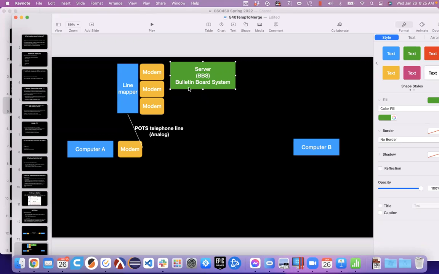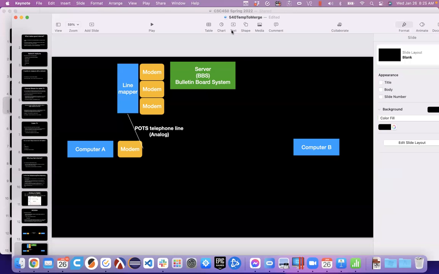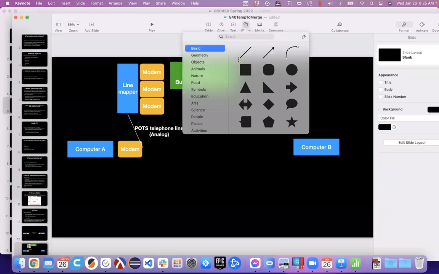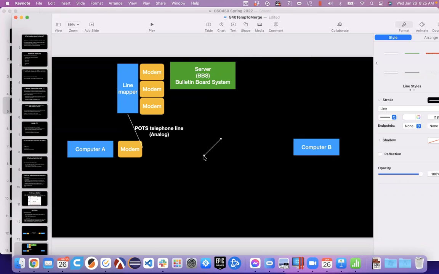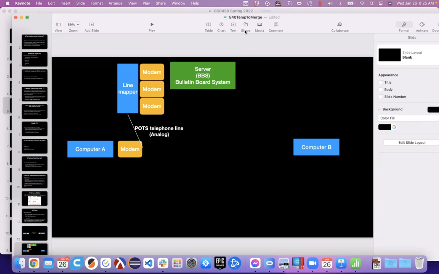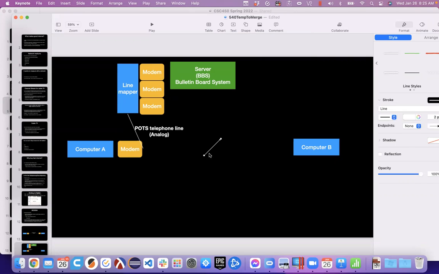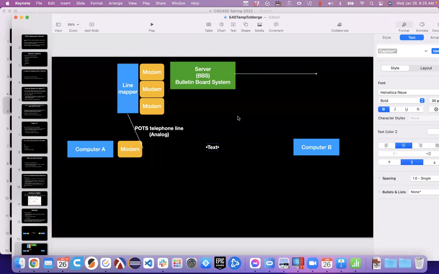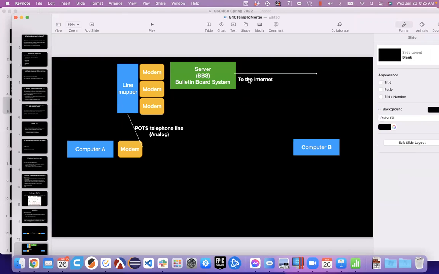Instead, it ended up being a computer that lived on the internet, to the internet.